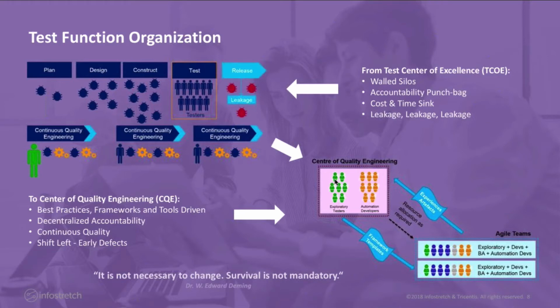It doesn't mean the centralized body is going away, but the responsibility is shrunk. The test center of excellence is more focused on providing best practices and acting as the tool repository. They continuously evaluate various tools and technologies and provide guidance to the actual team working on the project.